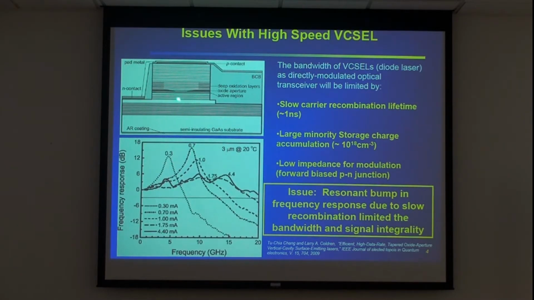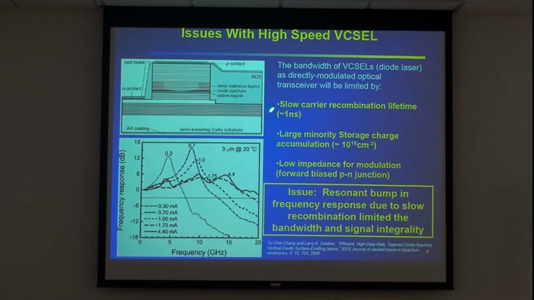Further, this is a diode, so the impedance is low when you operate it under forward bias. But for an RF circuit, you have to consider the impedance matching issue. So that low impedance will eventually limit your modulation speed.